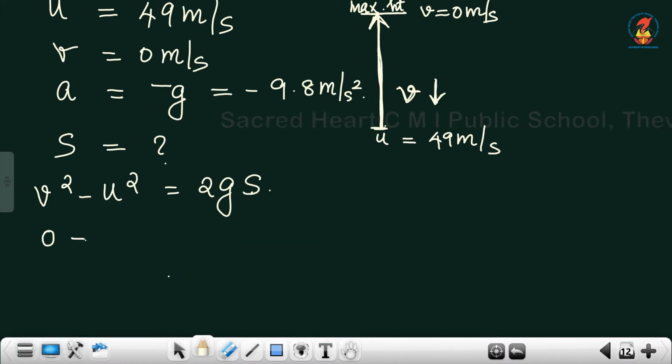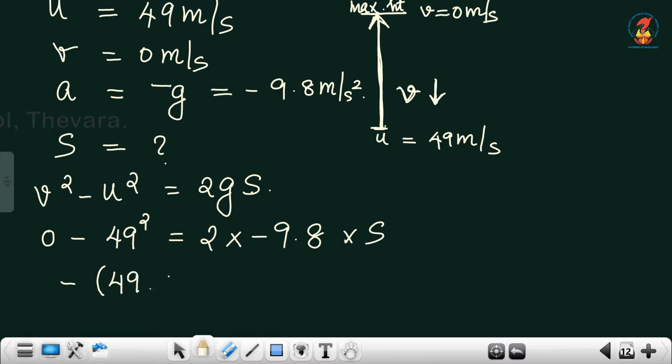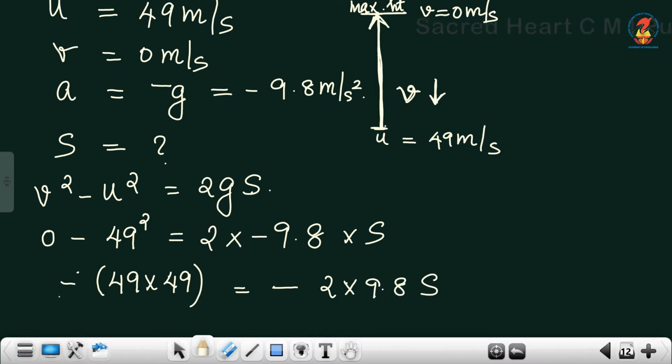v is 0, minus u square, 49 square, is equal to 2 into negative 9.8, g is negative 9.8, into s, that is minus 49 into 49 is equal to minus 2 into 9.8 s.